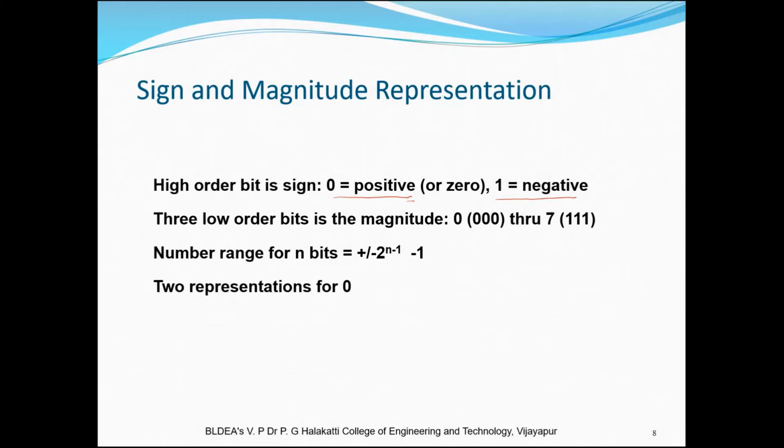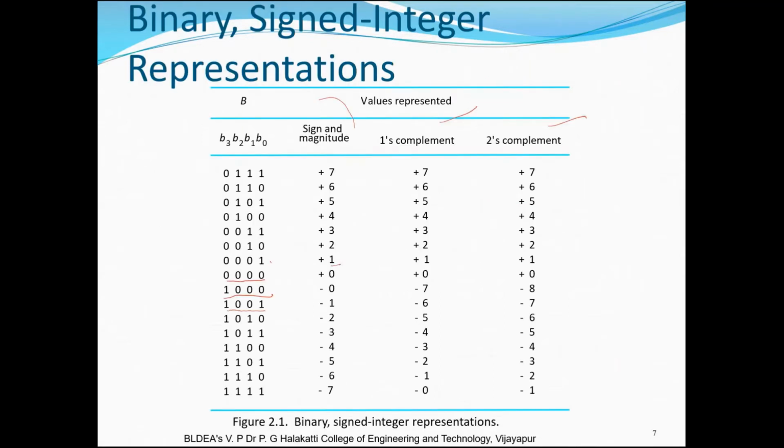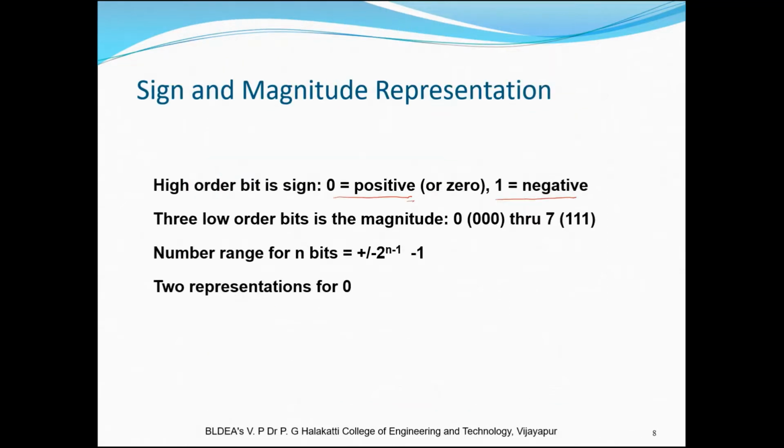The MSB, the most significant bit, is reserved to indicate the sign, and only the 3 lower order bits are used for representing the magnitude.